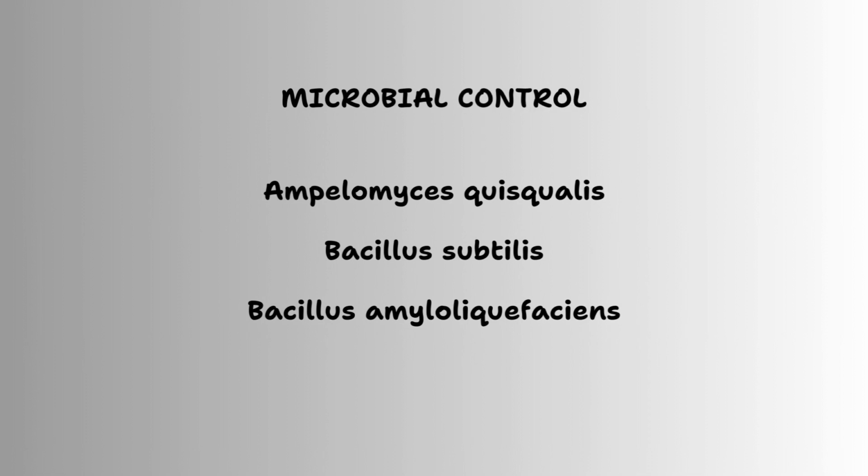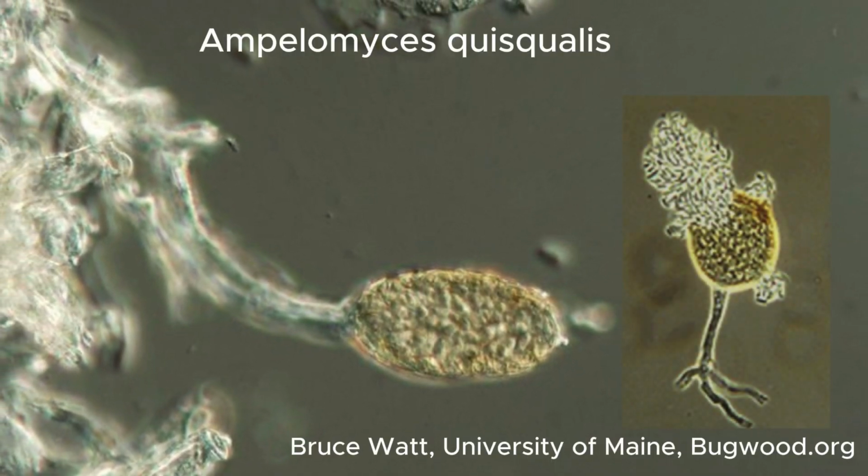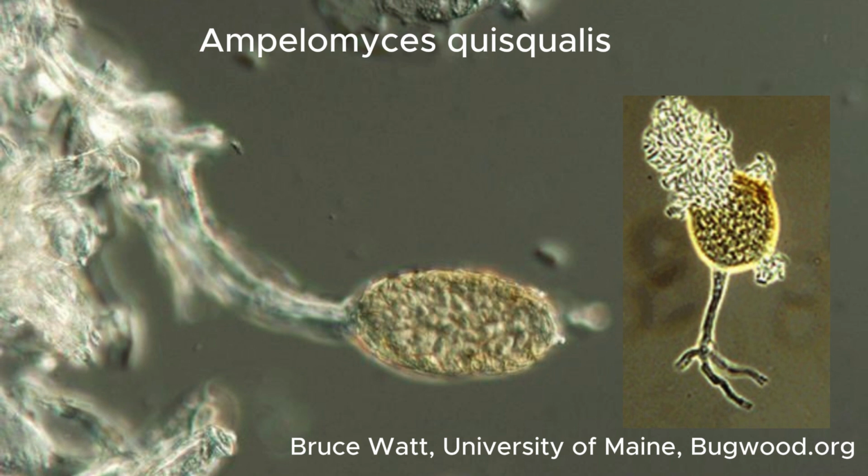Now, we have 3 microbes that have been studied extensively and they have been used in the biological control of powdery mildew. We have Ampelomyces quisqualis, we also have Bacillus subtilis, and we have Bacillus amyloliquefaciens. Ampelomyces quisqualis is a naturally occurring parasitic fungus that serves as a biological control agent against powdery mildew.